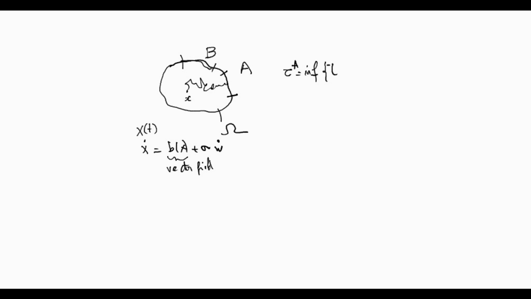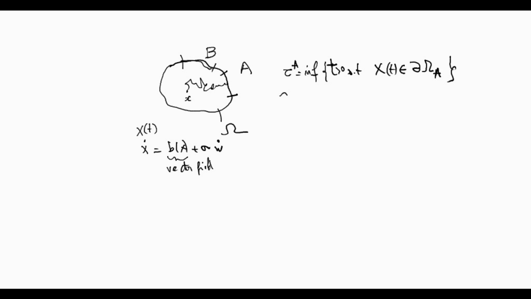t, let's call tau, the infimum of t such that x of t will hit the boundary d omega, which I call d omega A. So this is t positive.